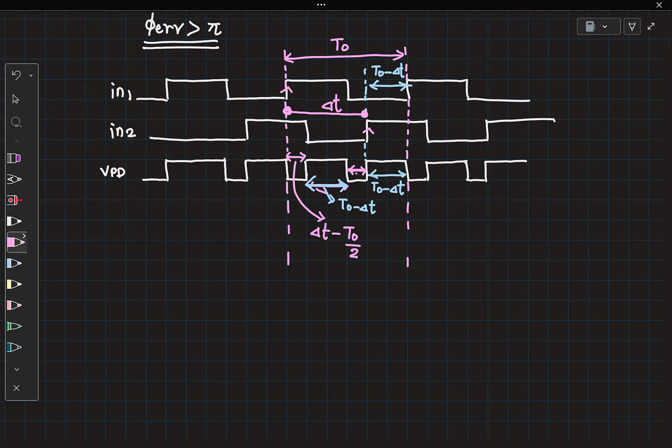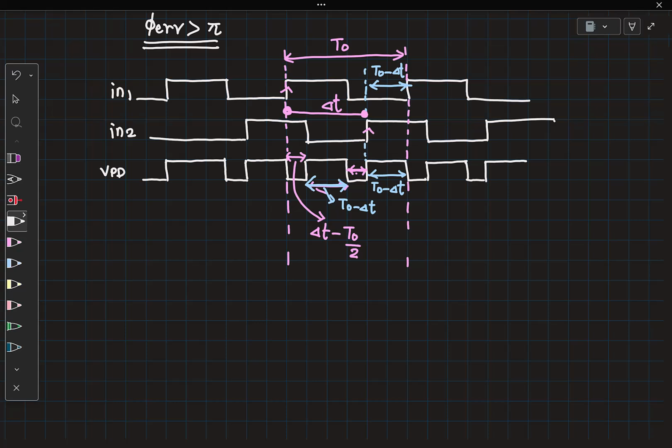So in this particular case, to look at the periodicity of the VPD output, it is sufficient if I look at it till this point. If you do it for t clock also, for the entire duration of t naught, and calculate the average correctly, you will still get the correct output. But given that I know that the VPD is periodic with respect to this period, which is t naught by 2, I'm directly going to write the expression.